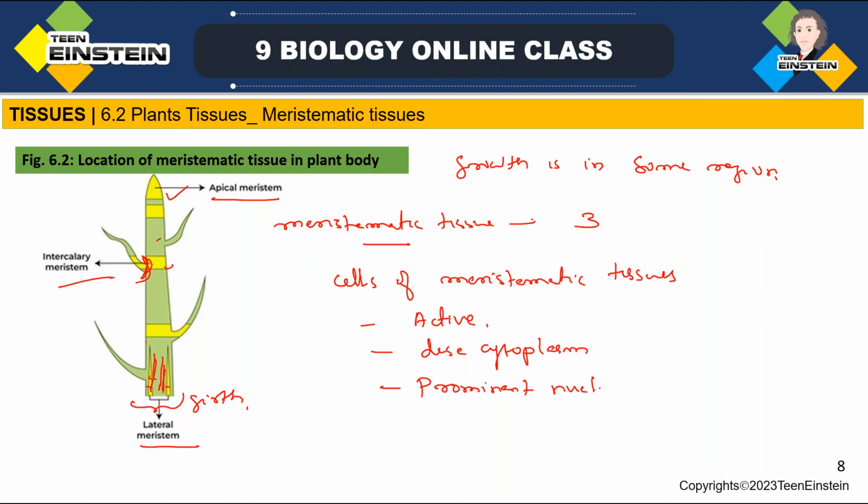Their nucleus is very prominent. Then the cell wall, if rigid, may interrupt cell division. That's why the cellulose wall is very thin. So the cellulose wall will be very thin, they have a prominent nucleus, and they lack what? They lack vacuoles.